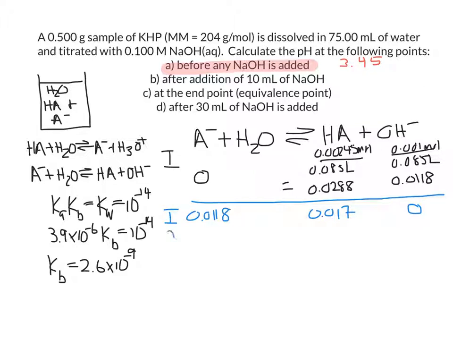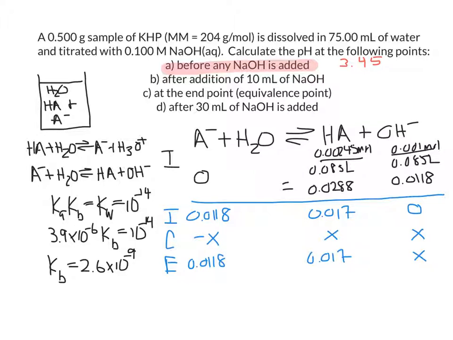So my change to get to equilibrium is to make X of this, make X of this, and lose X of this. And so at equilibrium, because I'm going to be able to ignore X relative to this and X relative to this, I can write that I should have 0.0118 of the conjugate base, 0.017 of the conjugate acid, and X OH minus.